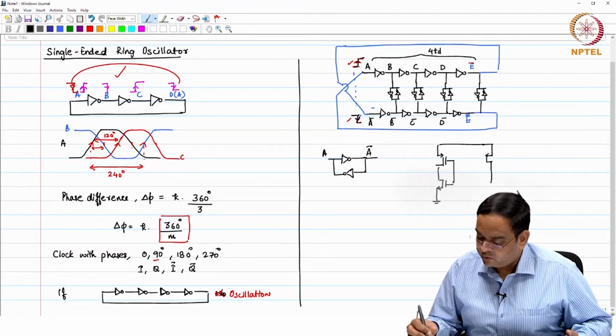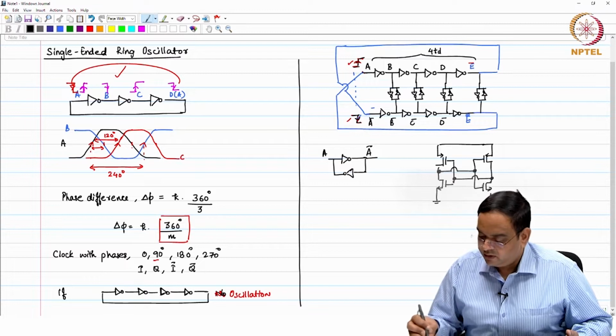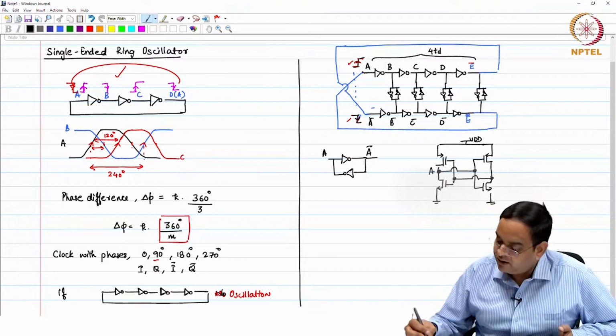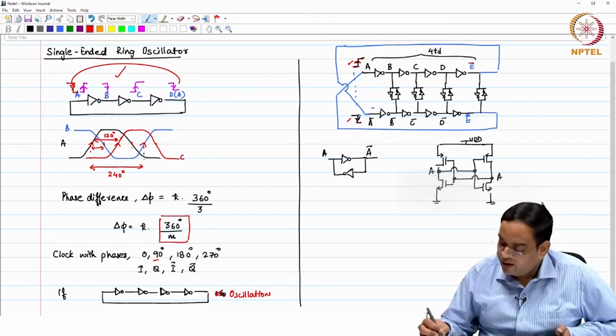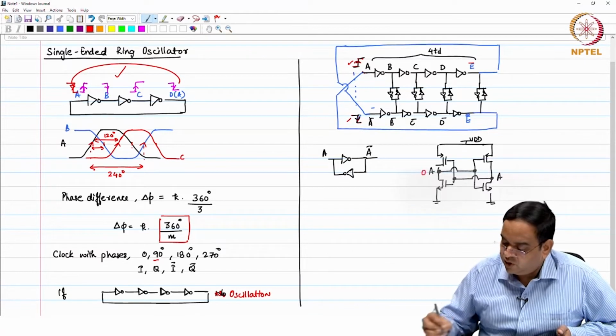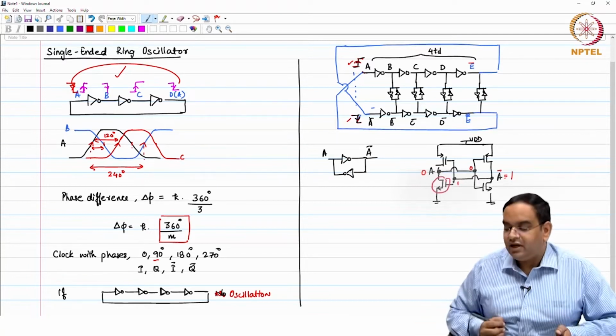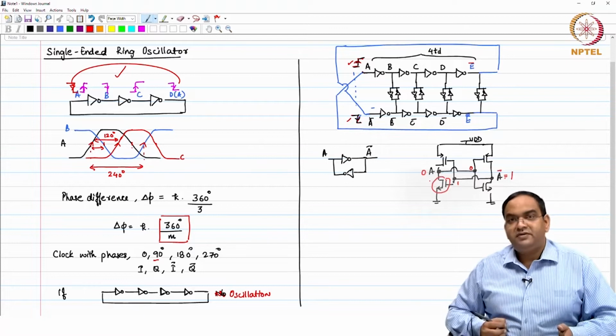Okay. So, what you can do is this. So, here I am connecting like this here. Okay. So, this is connected to VDD by the way in this case. So, if you think that this is A and A bar, if A bar happens to be 0, then what will happen? If A bar is equal to 0, you are applying 0 to the gate of PMOS, which will make this particular signal as 1, and when you get 1 here, it will, through this MOSFET, enforce that your A remains 0.